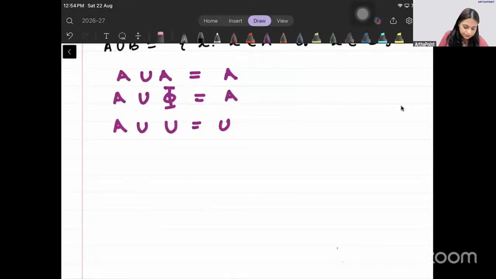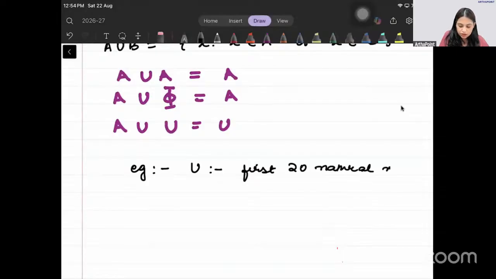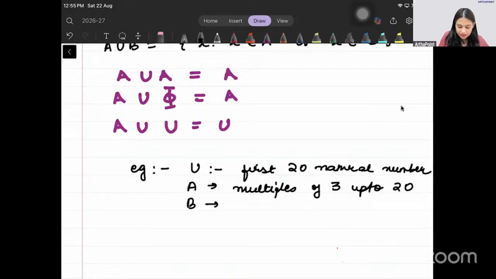Let's take some examples. So suppose I say that your universal set is first 20 natural numbers and set A is multiples of 3 up to 20 and set B is the multiples of 4 up to 20.